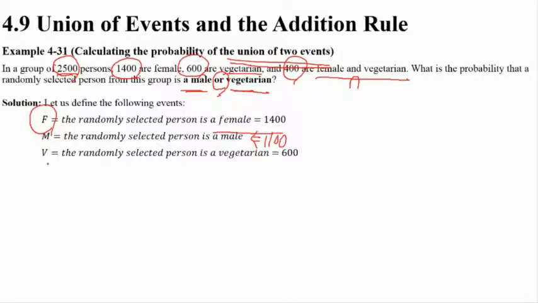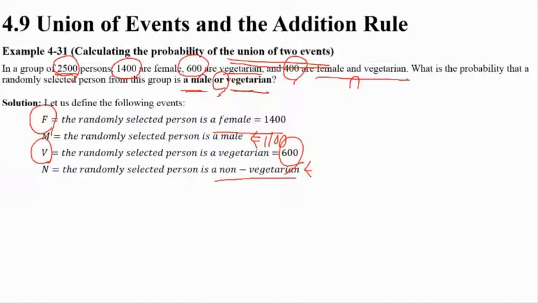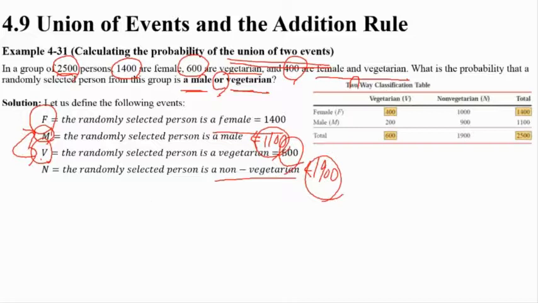They said vegetarian is 600. Not vegetarian, they didn't mention, so from 2500 minus 600, 1900. Even though they didn't mention it, we can get this number. Sometimes we need that, sometimes we don't. Because they said vegetarian and male. Oh, this one. Okay, sorry. Two parts.